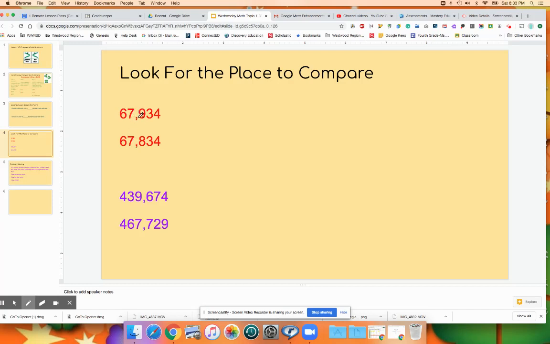But in the hundreds place, there's a 9 and an 8. So they're not asking me here to compare them. They're asking me at what place value do I make my decision that I then know I can compare them. And in this example, there's a difference here in the hundreds place. So the place I would use to do my comparing is the hundreds place.